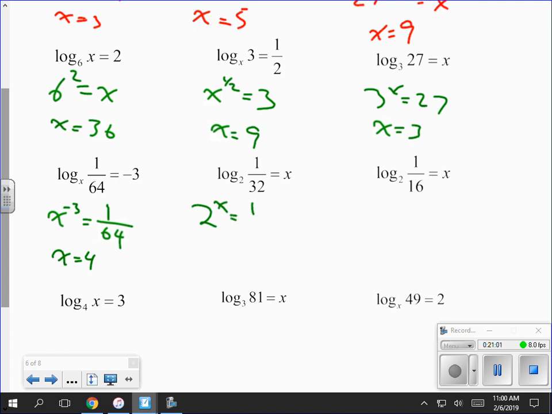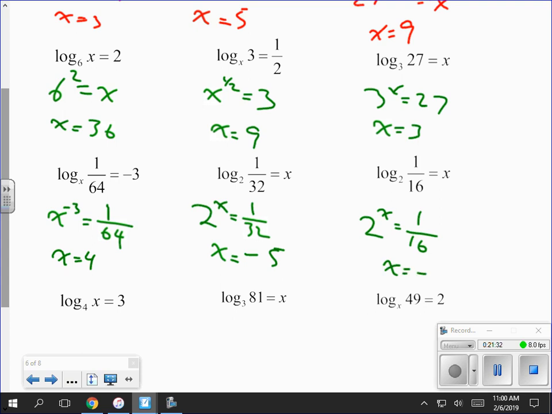2 to the x is equal to 1 over 32. X equals, well, the 1 over means that it's going to be negative. And then 2 to what power is 32? 2, 4, 8, 16, 32. Doubling each time, I get 5, so it's negative 5. This one's almost the same thing. 2 to the x is equal to 1 over 16.